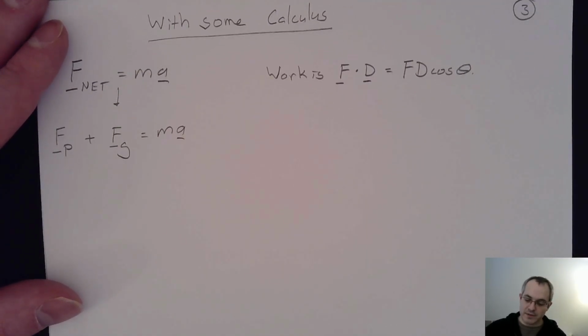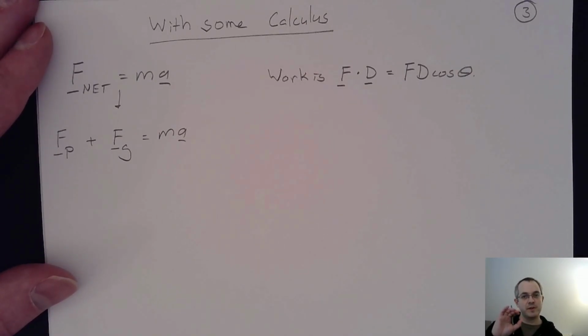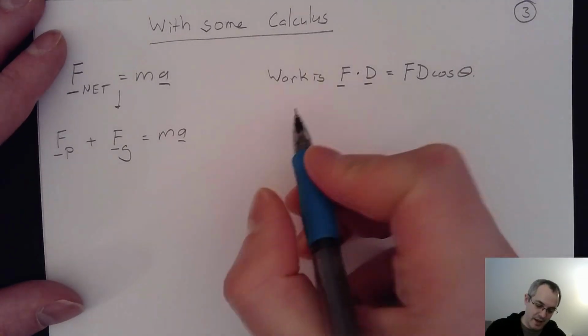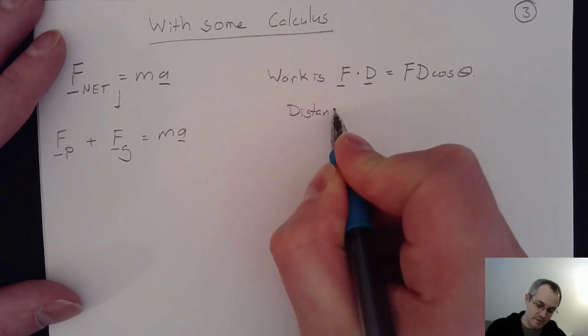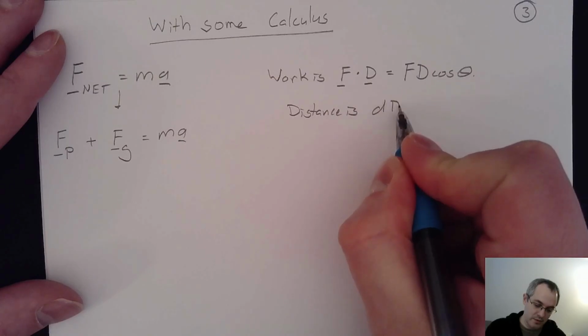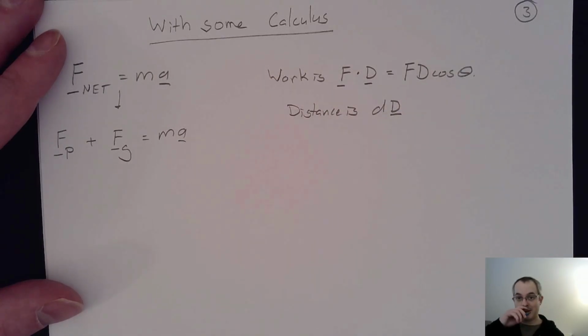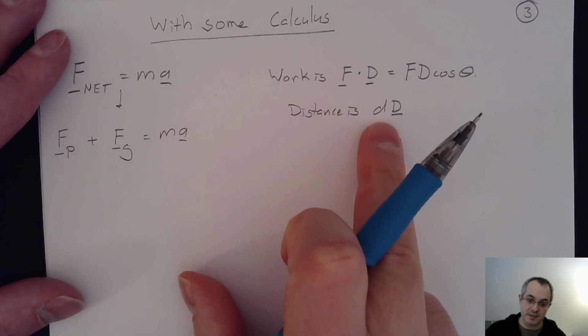So the amount of distance that we move, though, remember, if we're going to do calculus, the amount of distance that we're going to move has to be a little bit of distance. That means differential distance. So that means a little d, a little differential bit, right? A little bit of distance.